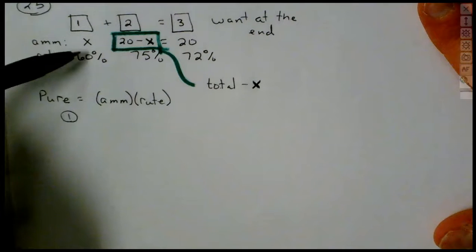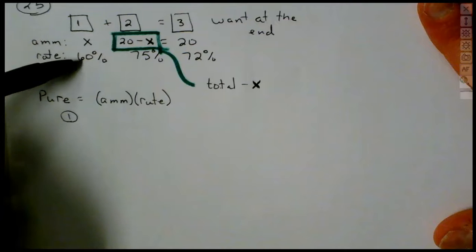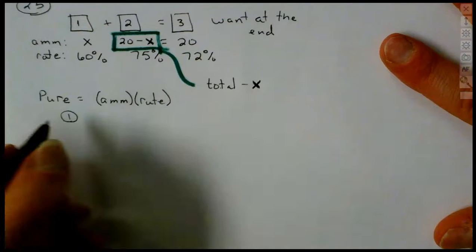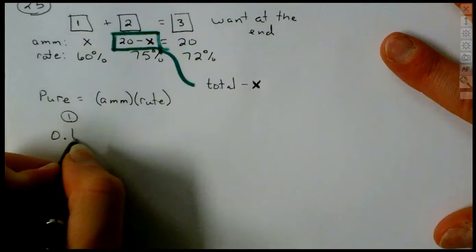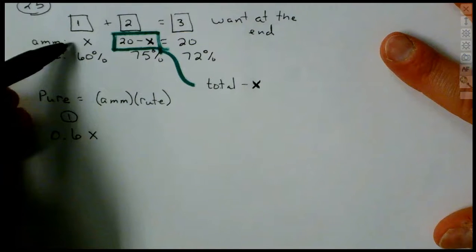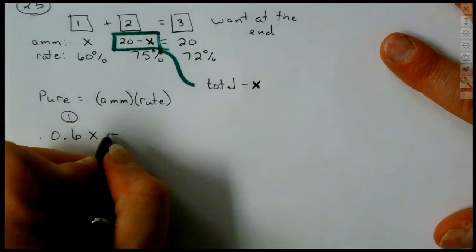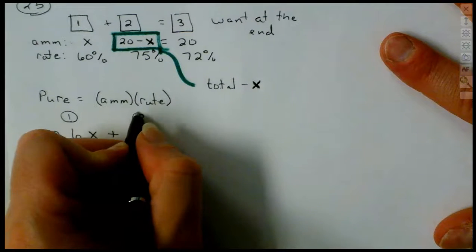The first part, unknown amount, x, 60%. So 60% as a decimal, that's 0.6. And how much is in there? X. Those two go together to get you to that point. The next one, what's our next one going to be?